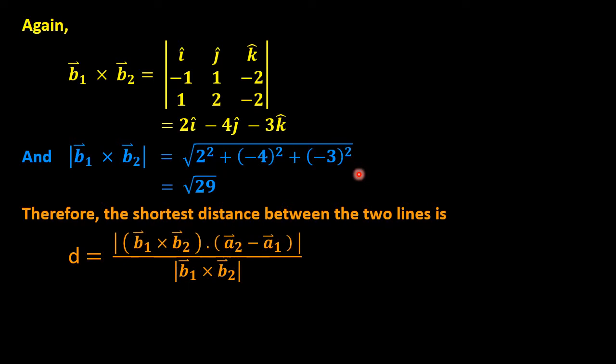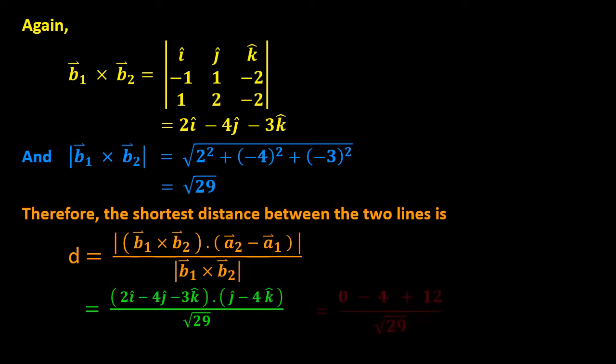And in this formula, we replace the values in the numerator and denominator. And in the numerator, we need to do the dot product, and after simplification we get 8 by under root 29. So this is the answer for question number 17.